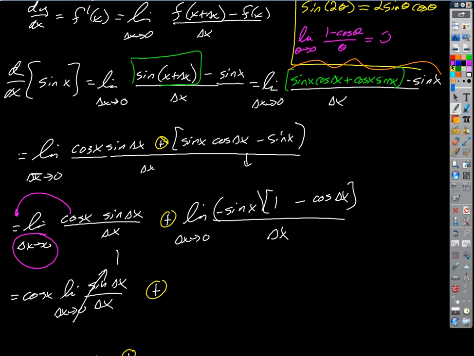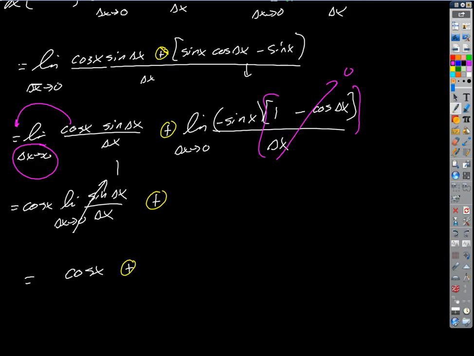Well, in the limit, as delta x goes to 0, remember the sine x is just a plain old sine x, right? That's constant, that doesn't change. But what does this limit go to right here? That goes to 0, right? And so this second term conveniently goes away. I get negative sine x times 0, which is 0.